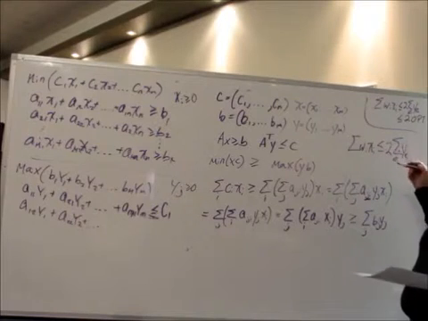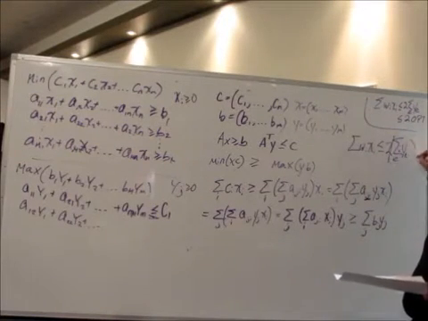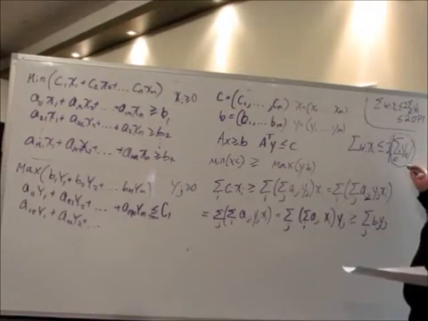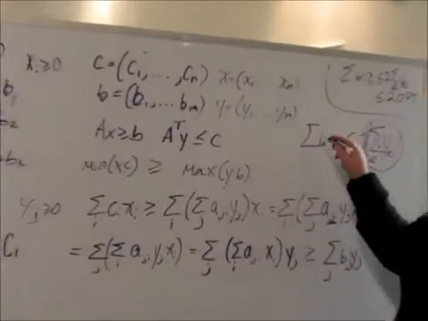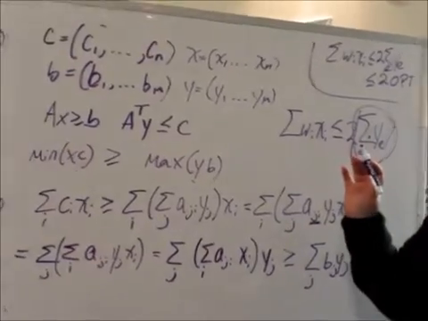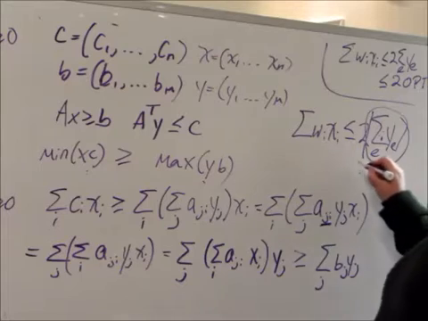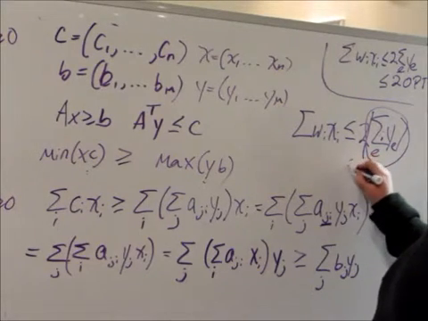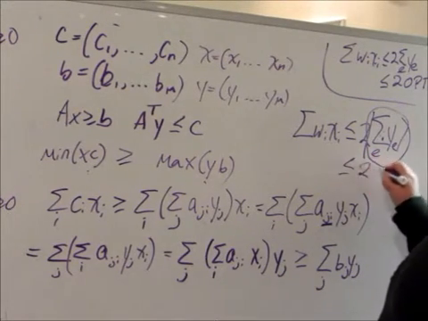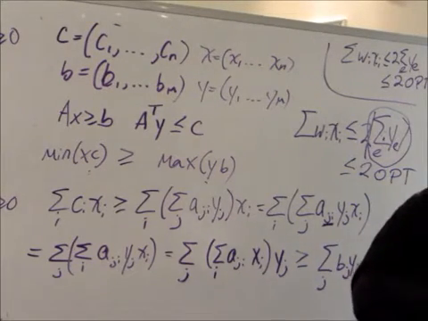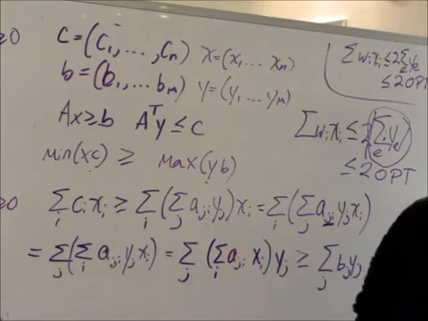So since this part there has to be less than even the smallest possible value of this when our xi's are allowed to be any arbitrary value that we want, that's how we can conclude that this has to be less than or equal to 2 times opt. That's how we get there.